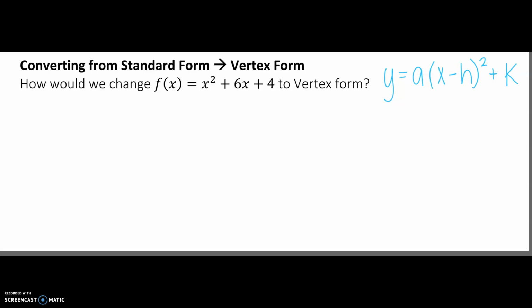So when we're converting from standard back to vertex, we need to find 3 things. We need to find our a value, our h value, and our k value. And remember that (h, k) is our vertex.